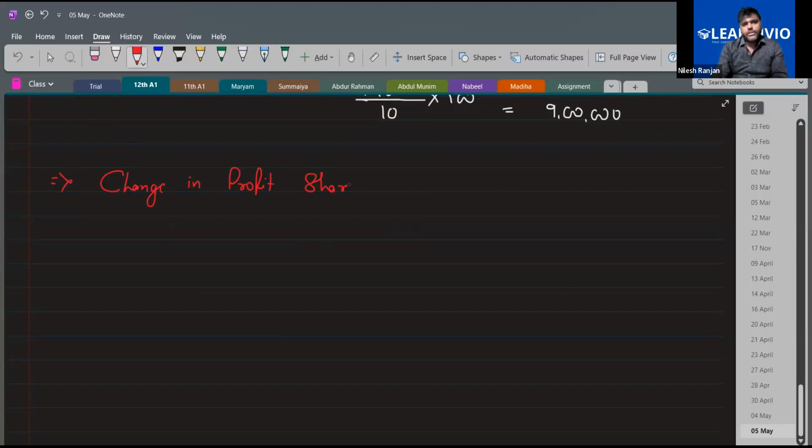Okay, can anyone tell me that there is a chapter called not for profit organization or non-profit organization? So this chapter is included in 12th book now. So do you have this chapter in your book or included in your syllabus?